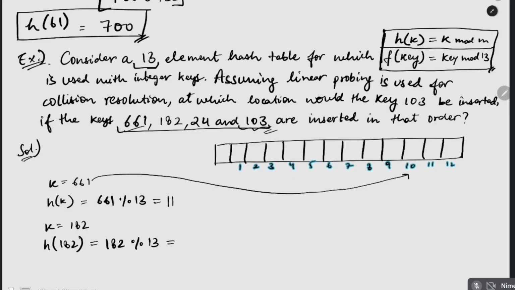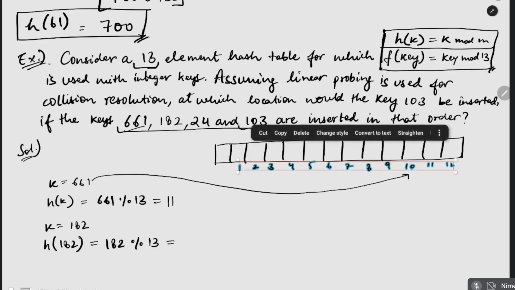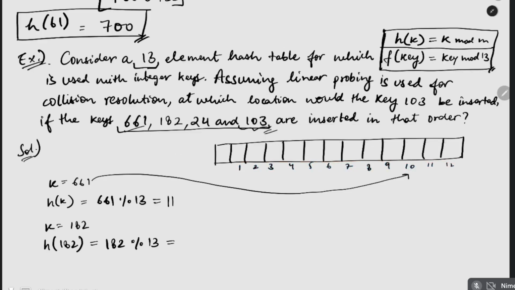Because what we get from the hash function is the index and not the exact position, right? So this 11 here, that is the index. So 661 will be here, and for 182, the index is 0. So 182 ends up here.